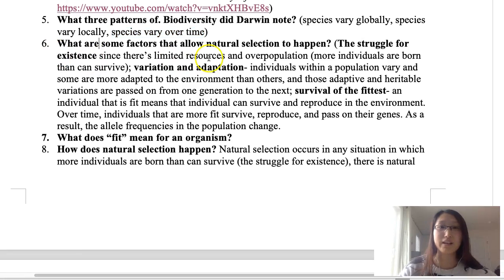Now, what are some factors that allow natural selection to happen? There's the struggle for existence, like we said earlier: overpopulation, lack of food and resources, there are predators around, there are diseases. So the struggle for existence is what allows only some of the individuals to pass on their genes.